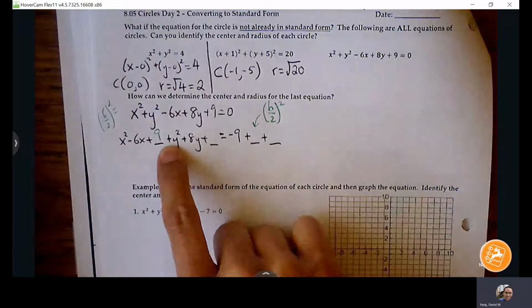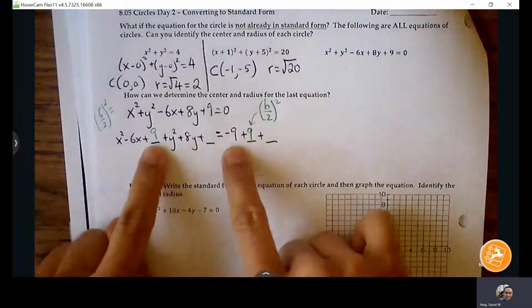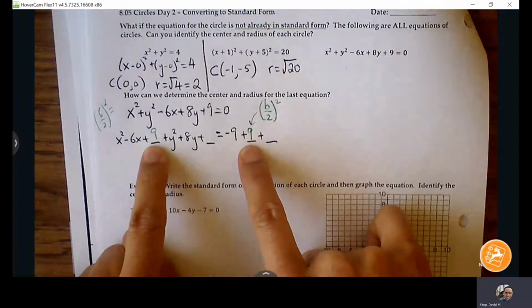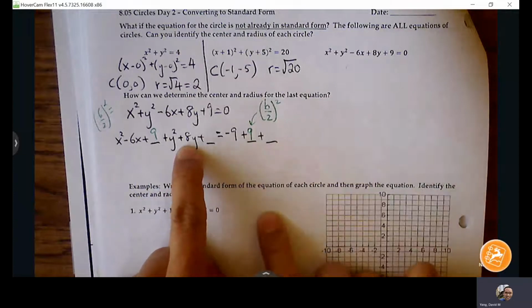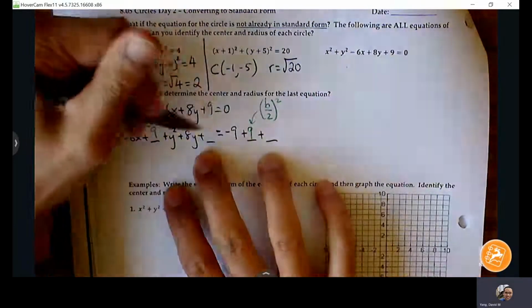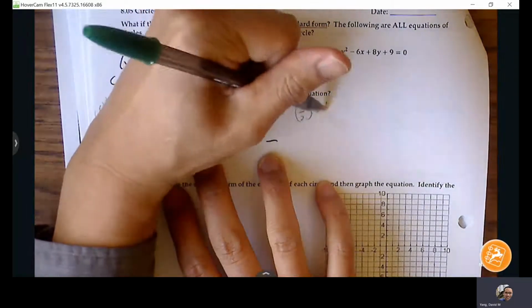Make sure that you're balancing whatever number you settle on, that you match it on the other side. Okay, we have to do b over 2 for the y value. So what's the b value here? Yeah, 8 over 2. 8 over 2 is 4. 4 squared is 16.